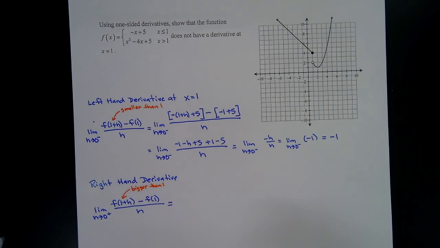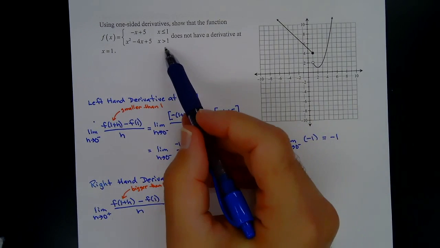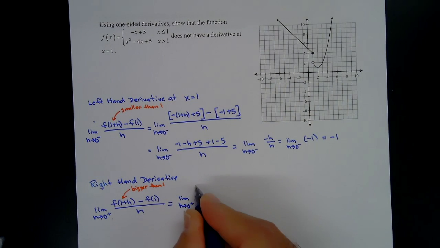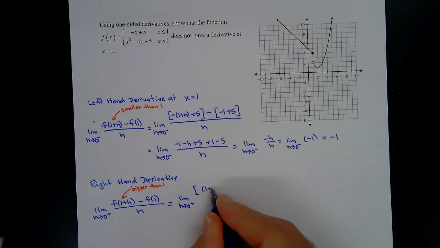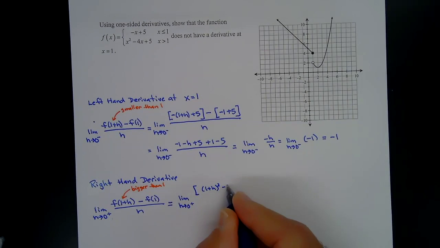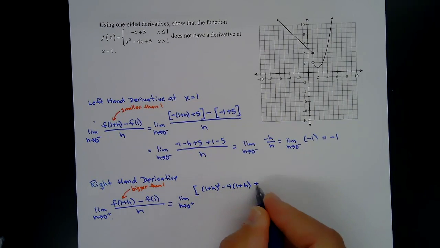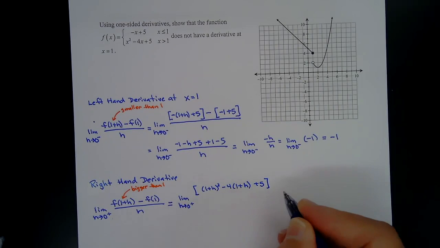Okay, if that's bigger than 1, then that means we're going to have to put it into the quadratic. So this is the limit as h approaches 0 from the right of, I'm going to use a bracket here, 1 plus h squared minus 4 times 1 plus h, and then plus the 5, and then close the bracket, and then minus.